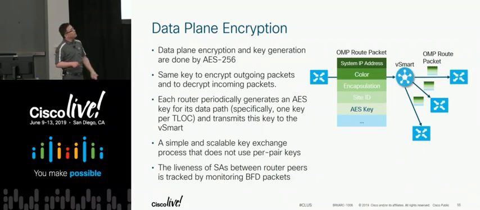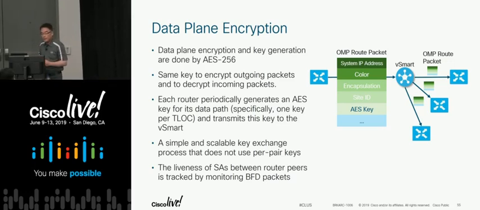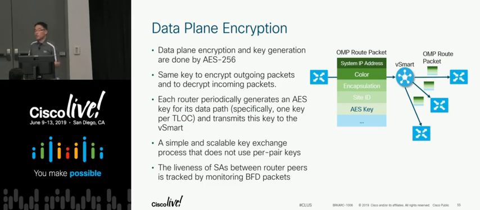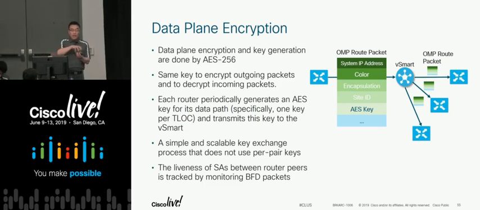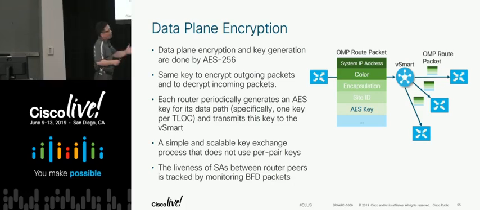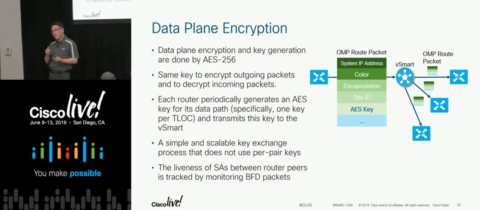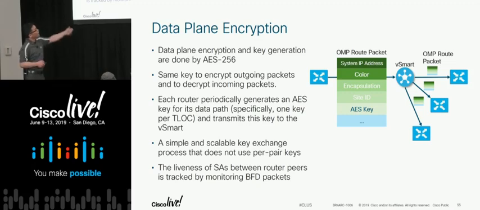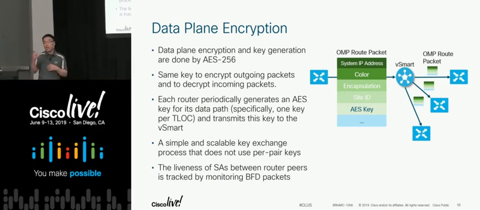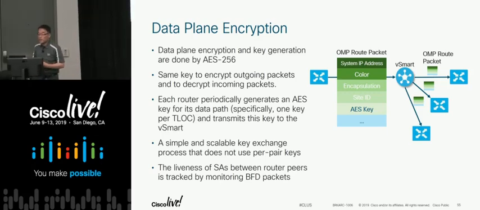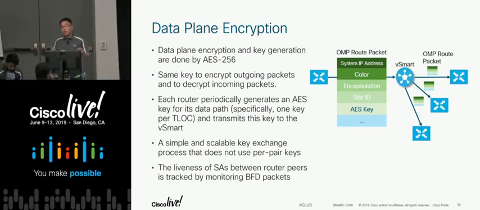Encryption. So the data plane encryption and the key generation is using 256-bit GCM. The same key is used for the encryption of the outgoing traffic by the router, and also used by the peers to decrypt the traffic. Each router will periodically generate the AES keys and update the keys using the OMP route packet to the vSmart.